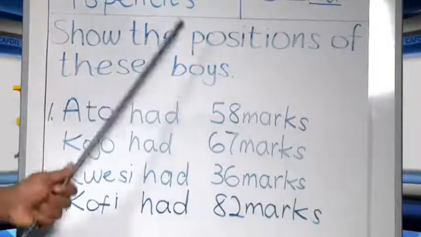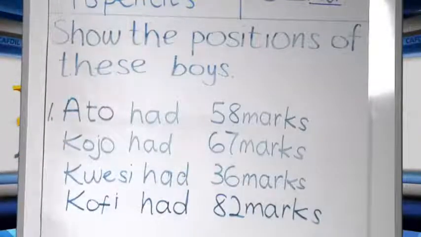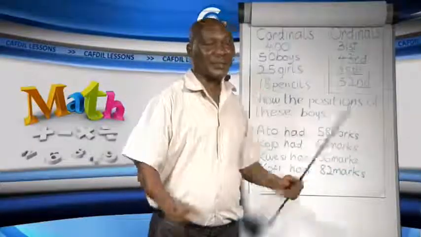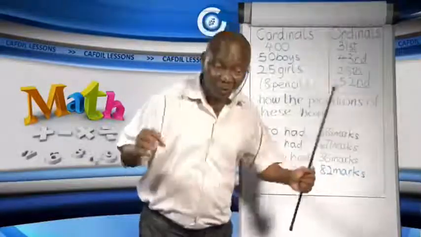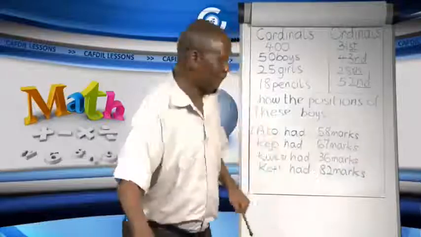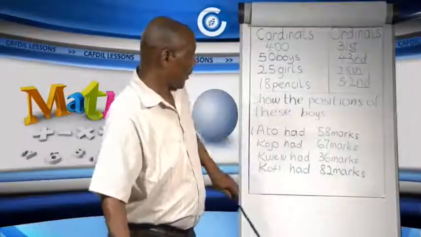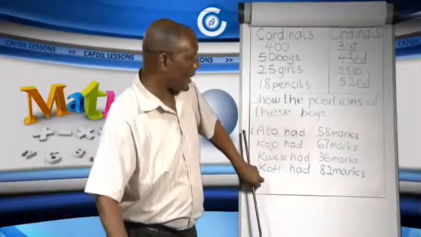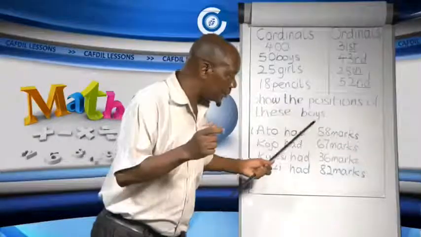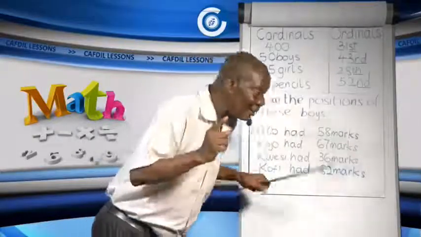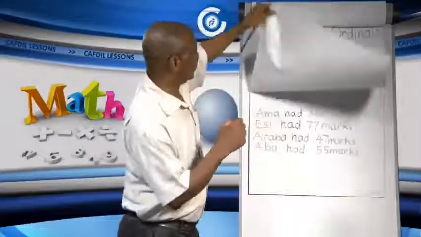Now let us look at all these numbers and pick the biggest. So the biggest of all the marks is what? 82. Very good.